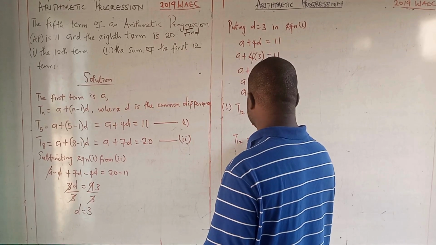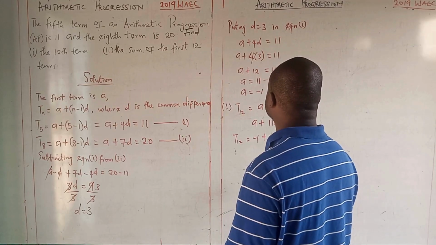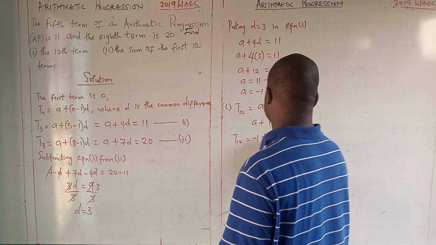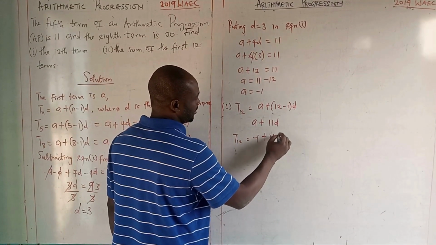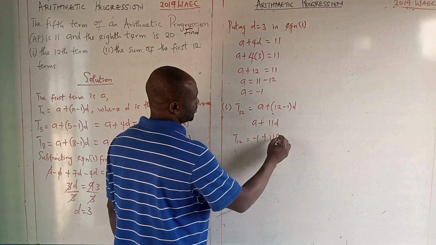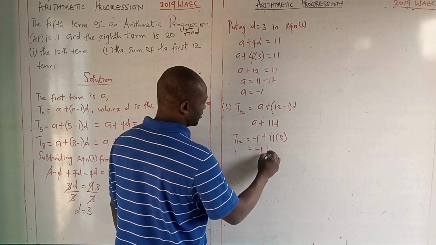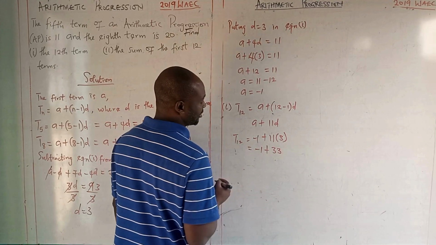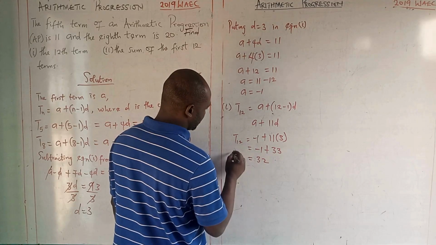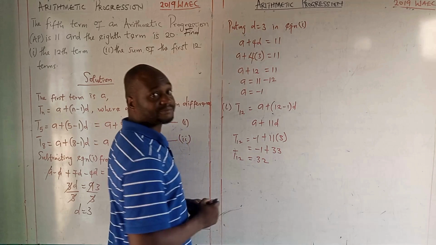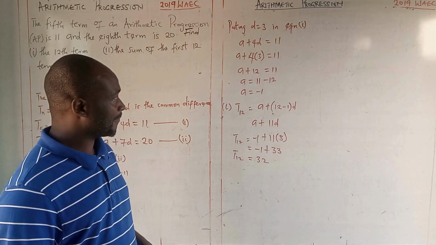T12 equals minus 1 plus 11d, which is 3, equal to minus 1 plus 33, that means equals 32. That means the 12th term is 32.